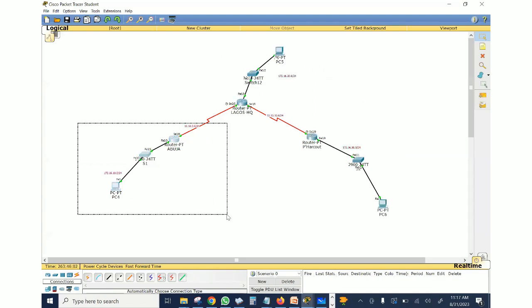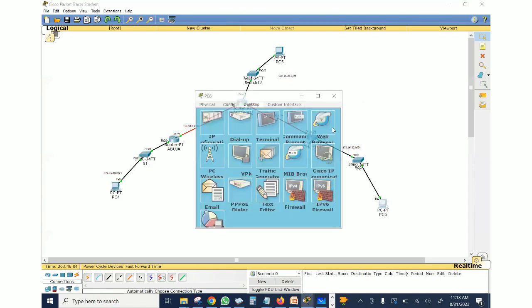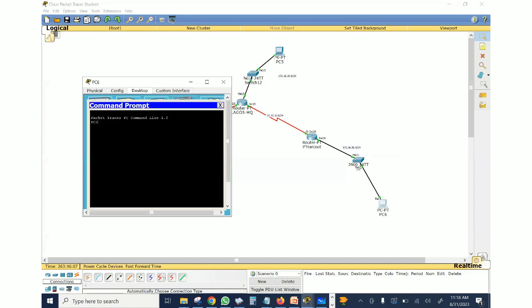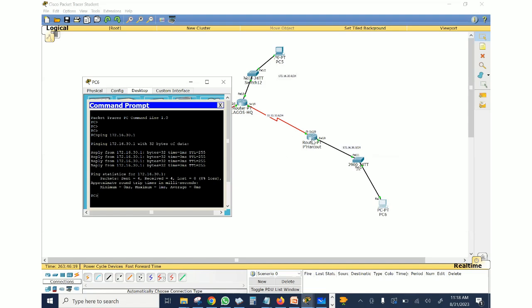Let's go to this PC and see if these guys can leave their network. Let's try to ping the default gateway first, 172.16.30.1, for instance. Can you see? It can also reach its own default gateway. It can't pass this place.